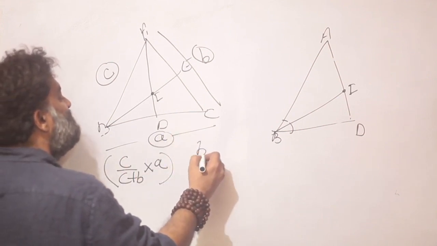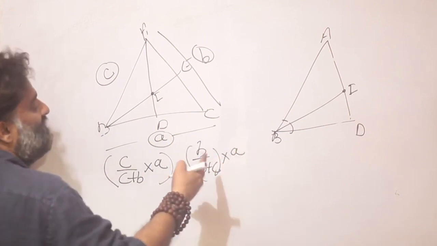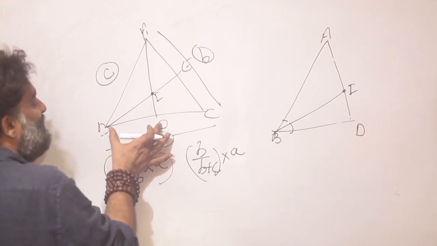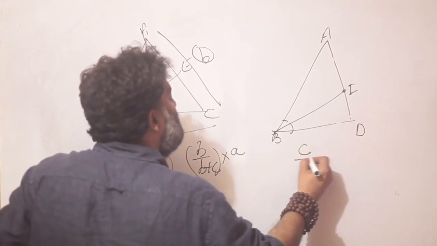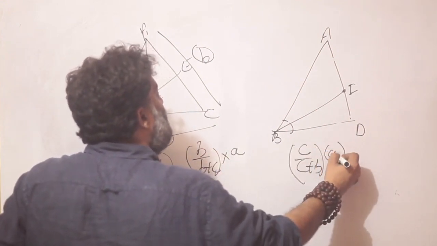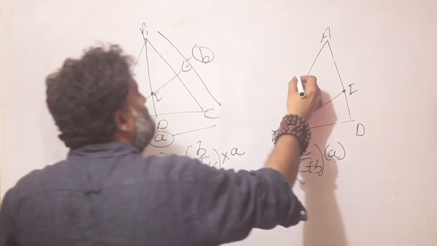This part is going to be B upon B plus C into A. We took an example earlier also to figure this out. So if I'm thinking of BD, I'm saying C upon C plus B into A. This is this side. AB I already know is C.